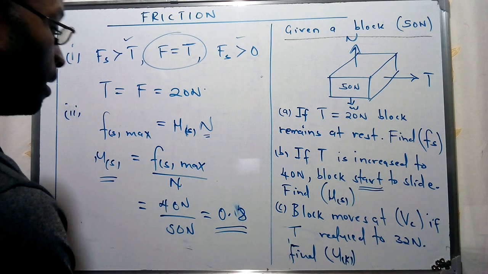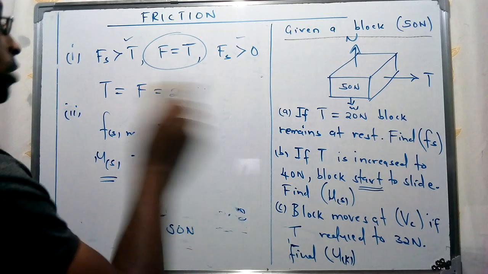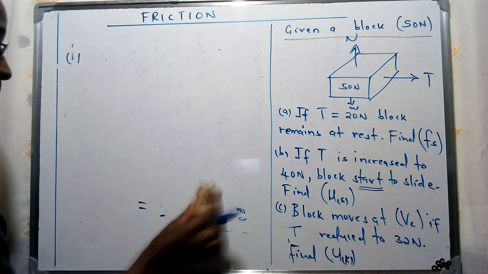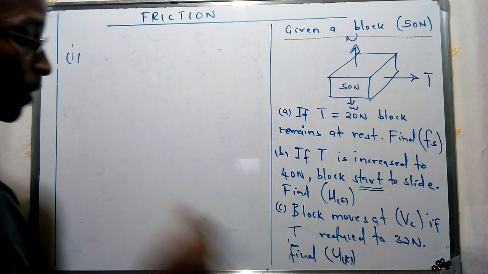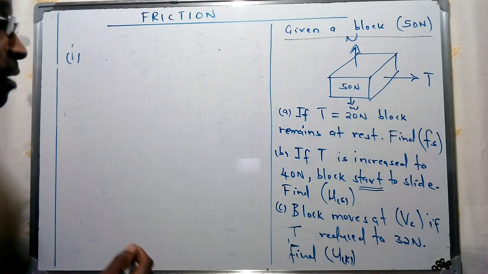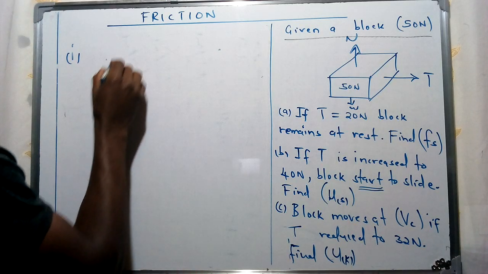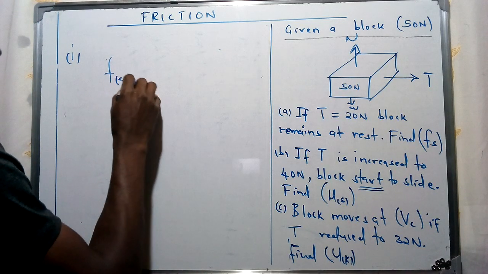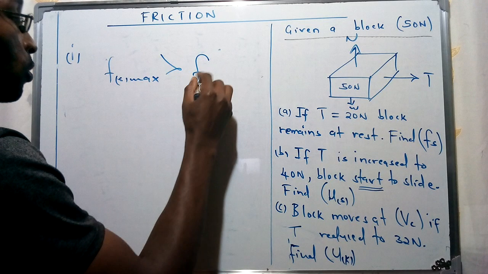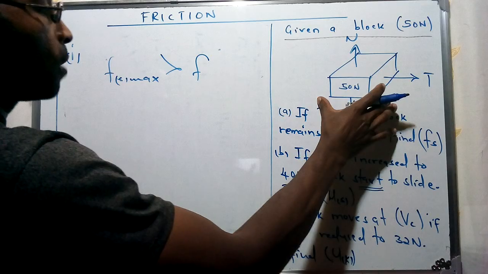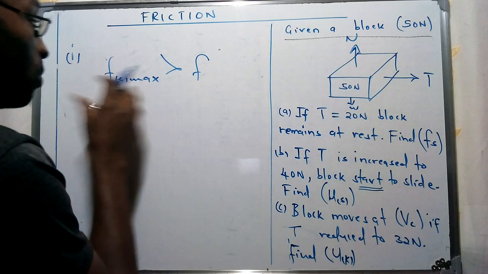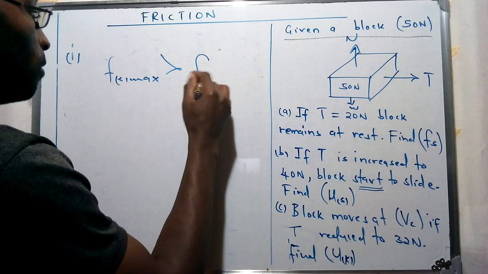We indicated in our previous video that if we compare the maximum static friction and the sliding friction, which we refer to as kinetic friction, the maximum static friction is greater: the force required to start the motion of this object is greater than the force required to keep it moving.